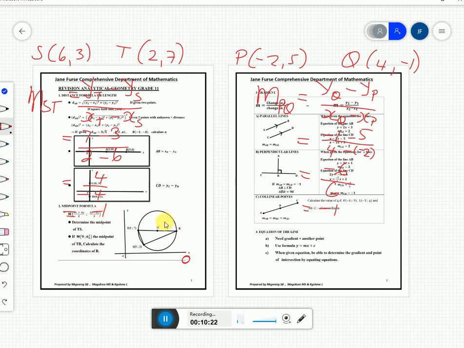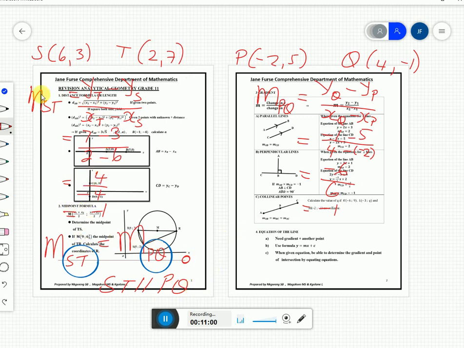People, if you find the gradient of ST is equal to the gradient of PQ, remember these two lines, we call them ST is parallel to PQ.